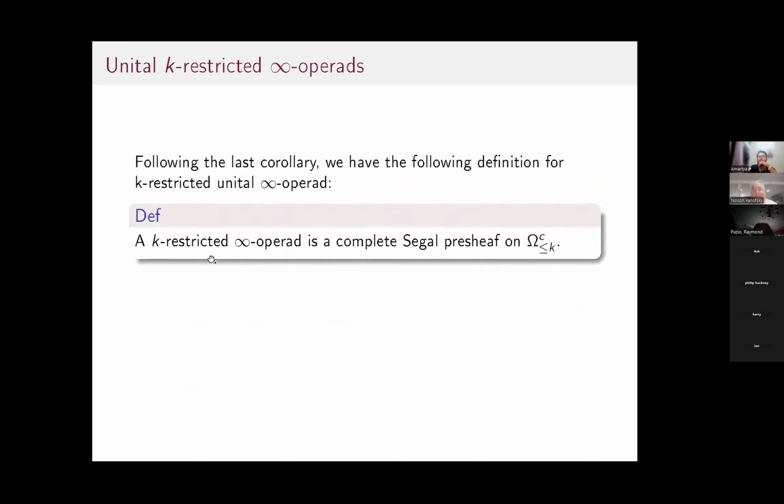So here's the definition. Following the last corollary, we have the following definition for k-restricted unital infinity operads. A k-restricted infinity operad is a complete Segal presheaf on Ω^c less than or equal to k.